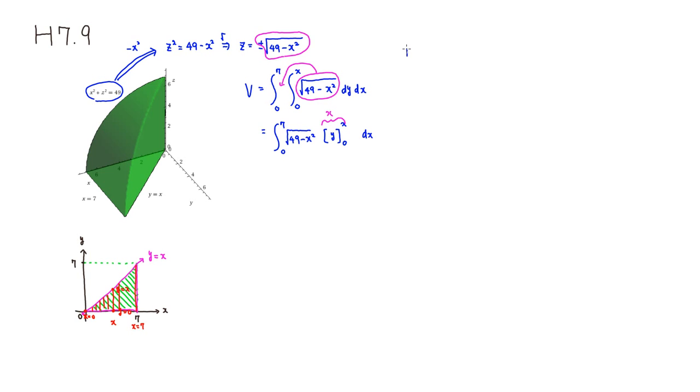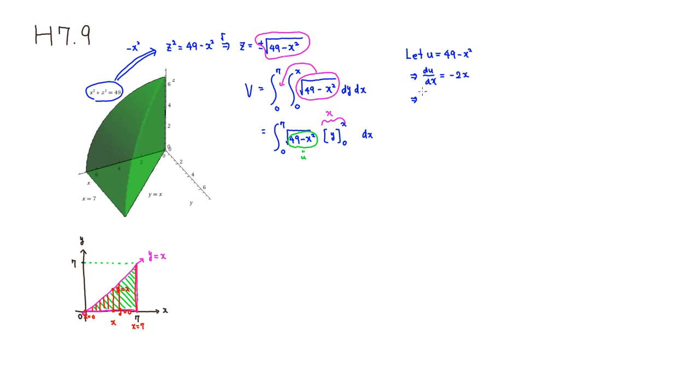For this one, I'm going to use substitution. I'm going to let u be the expression inside the square root, so u is 49 minus x squared. If you take the derivative of u with respect to x, you get negative 2x.